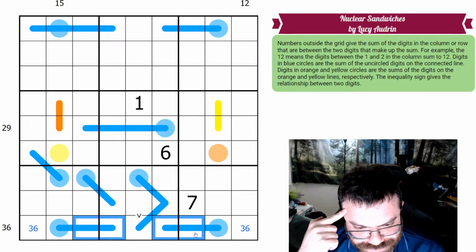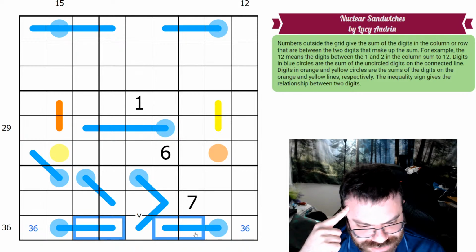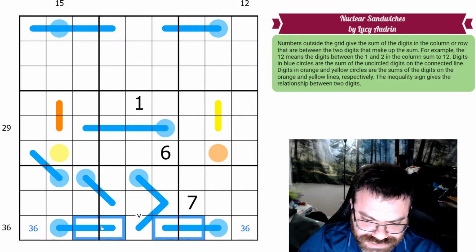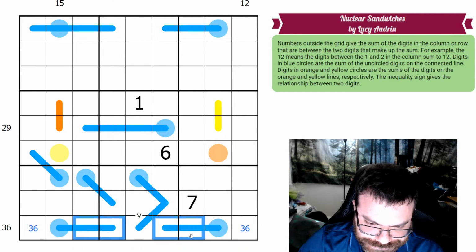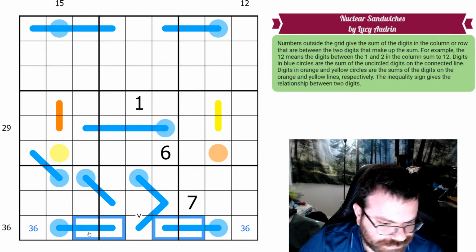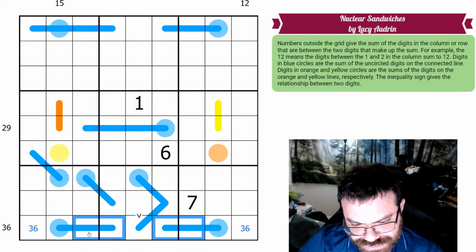I'm not sure what to do with that. That means at least one of 1, 2, 4, 5 is not on these? Eight and 9 are quite restricted. That's true.